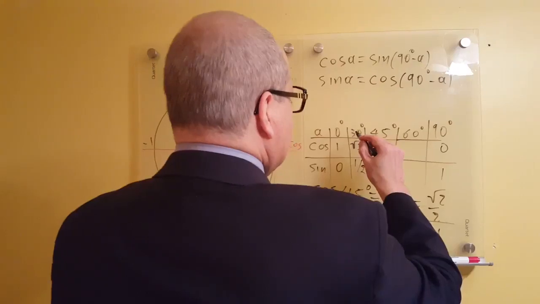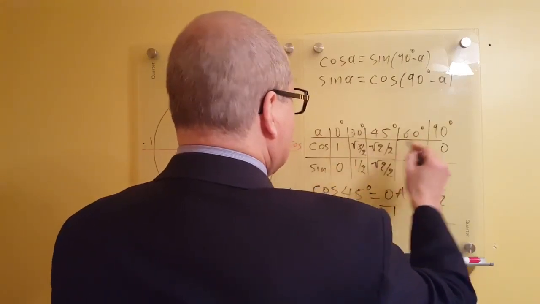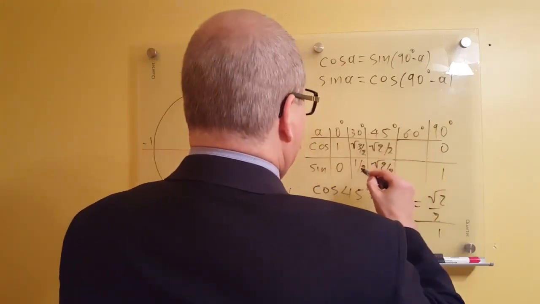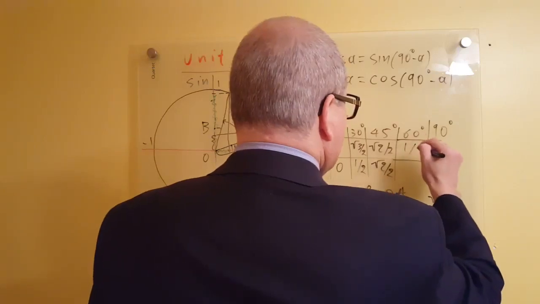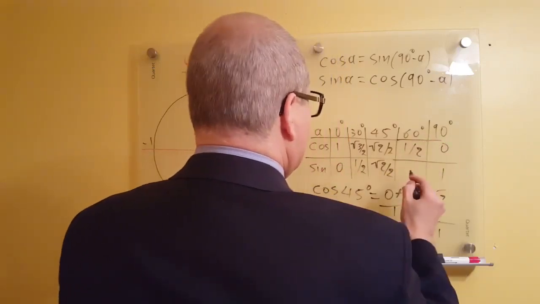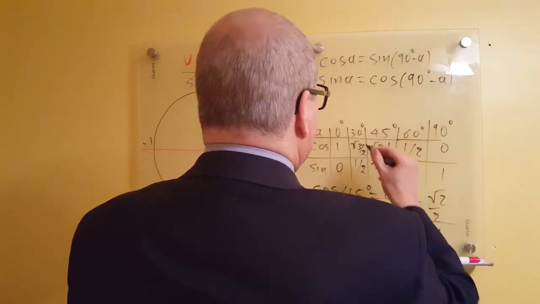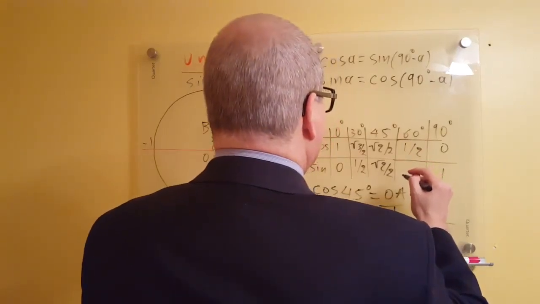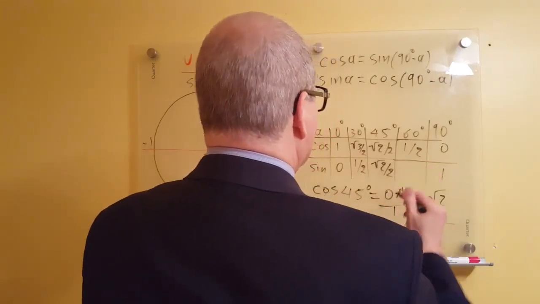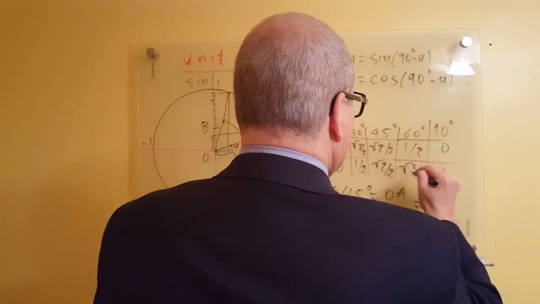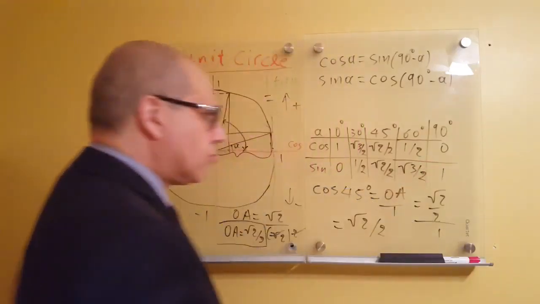So the cos of 60 will be the sine of 30, which is 1/2, and the sine of 60 will be the cos of 30, which is square root of 3/2.